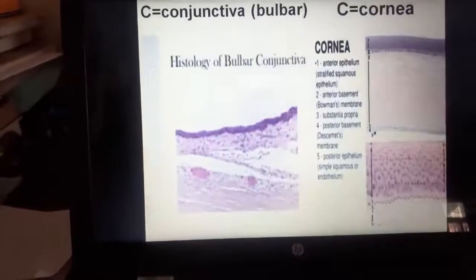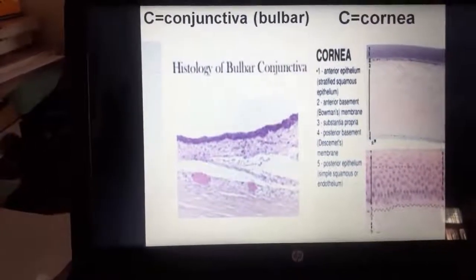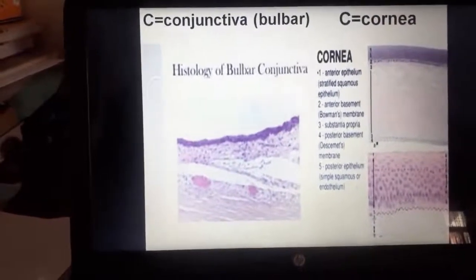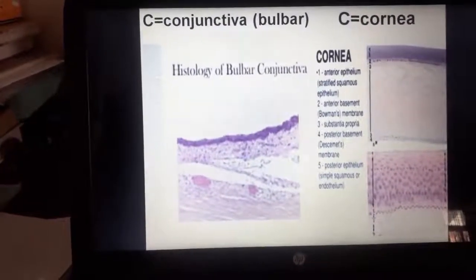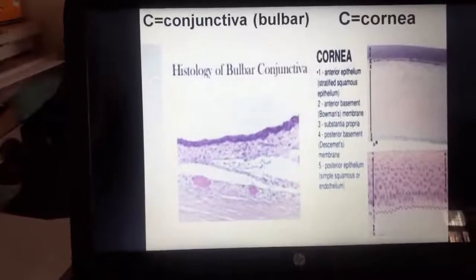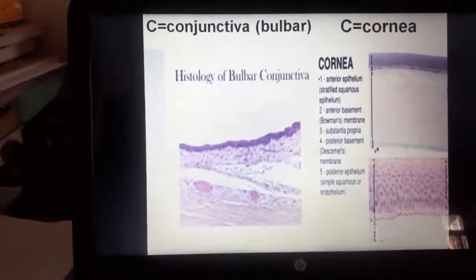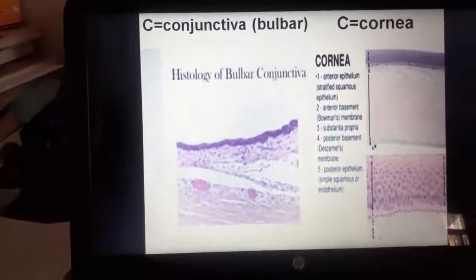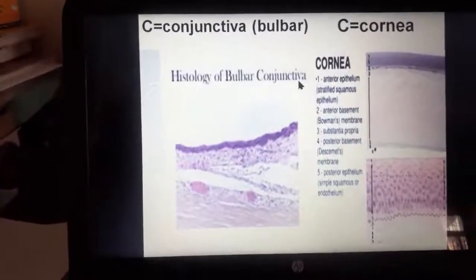Okay, so A comb, C for conjunctiva, bulbar conjunctiva. The conjunctiva is on the eyelid and even on the eyeball. On the eyeball it is known as bulbar conjunctiva, and C for cornea. A comb.